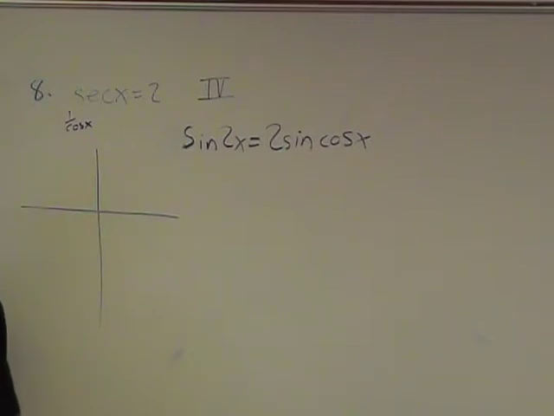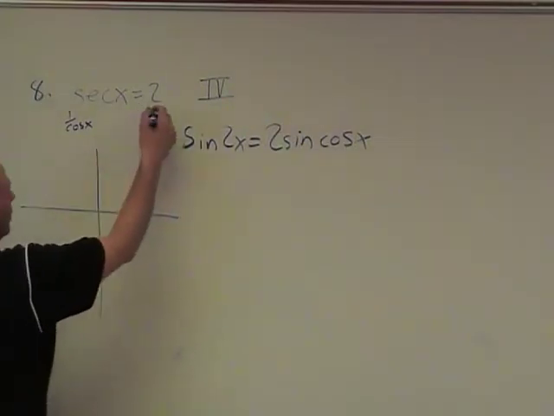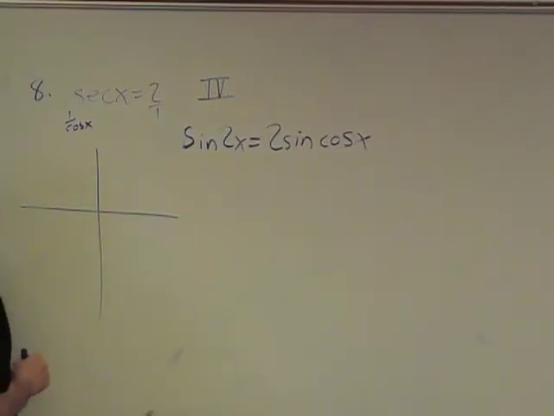Alright, so 1 over cosine of x, we are in the 4th quadrant, and it equals 2 over 1. Cosine is what? SOHCAHTOA, cosine is adjacent over hypotenuse. So secant is hypotenuse over adjacent, right? Hypotenuse over adjacent, 2 over 1.